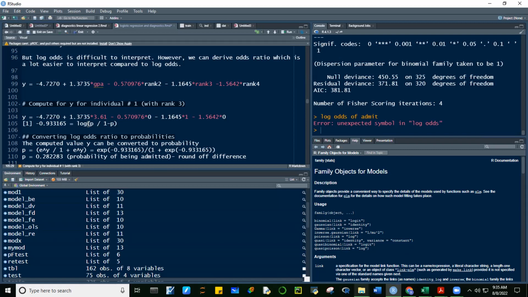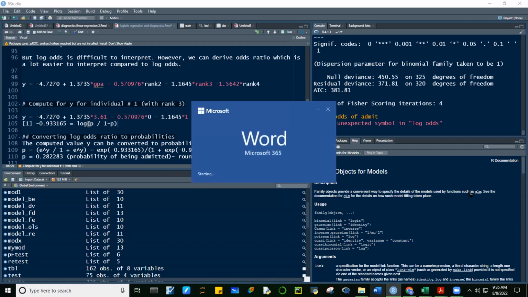Okay, let me just open a Word file. I hope it opens quickly, because I want to show you how this is interpreted.